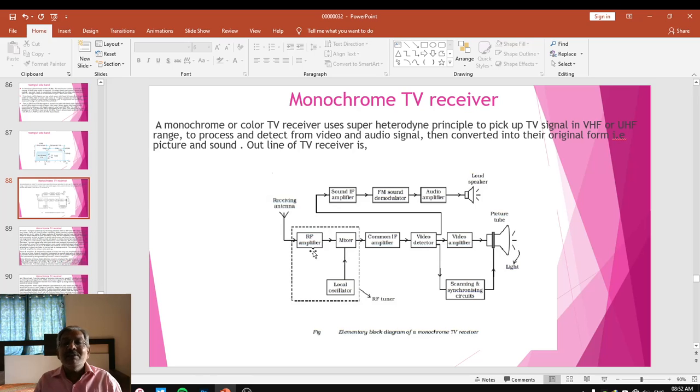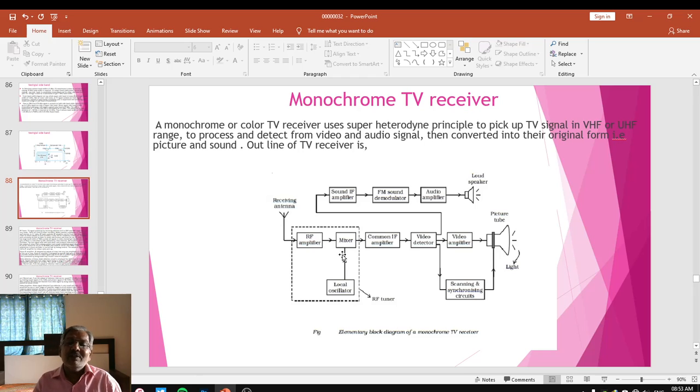It might use BJTs as an amplifier with several voltage stages, multi-stage amplifiers. It may be FET as an amplifier. The last stage may be a power amplifier. Thus, it produces the wanted signal frequency, say Fs. This Fs signal frequency is given to the mixer.